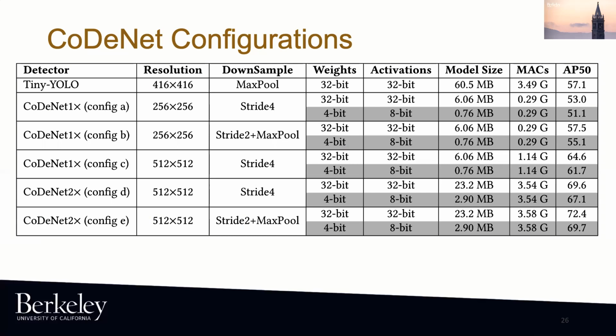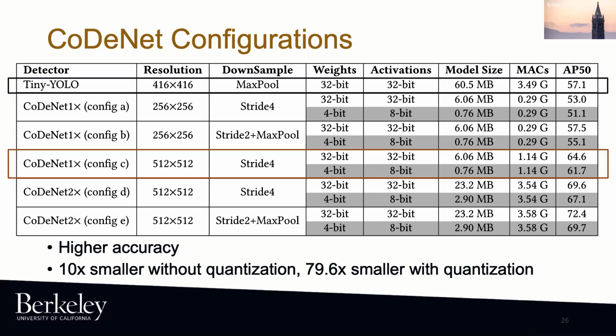There are 5 different configurations of CoDeNet listed in this table. Compared to the Tiny-YOLO work, our configuration C model can achieve higher accuracy, but its model size is 10 times smaller without quantization and around 80 times smaller with quantization.